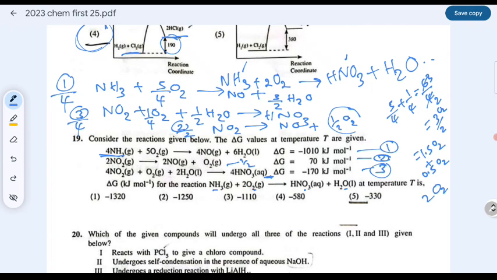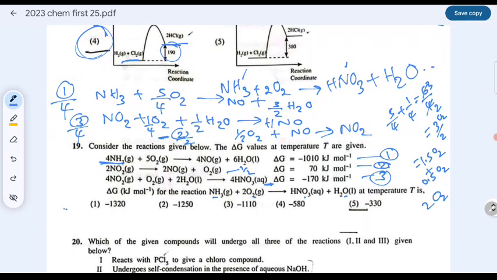So I take the minus of this: NO plus half O2 gives NO2. I am getting the reverse reaction. Now I have to add these things: 1 divided by 4 plus 3 divided by 4 minus 2 divided by 2.